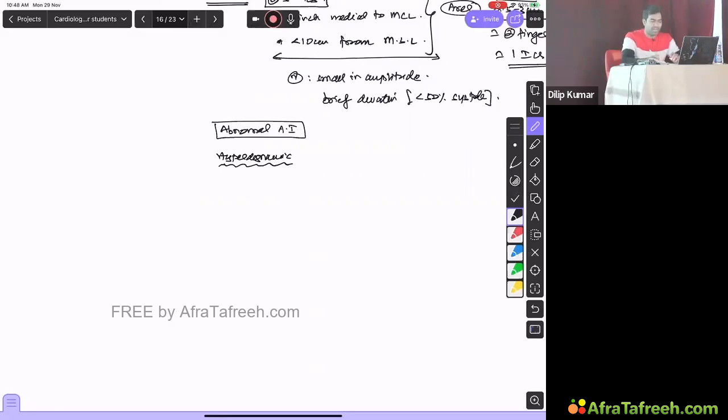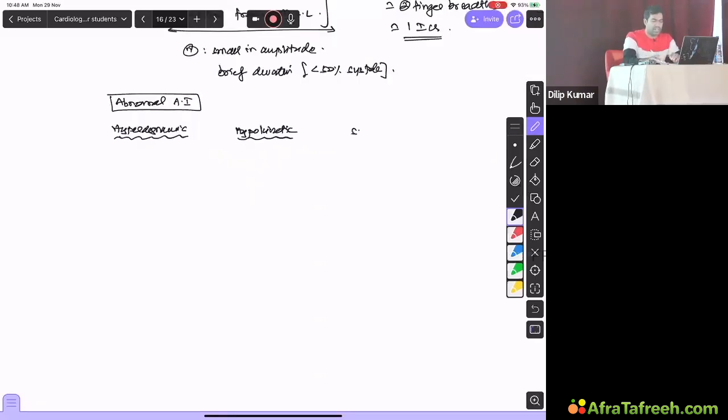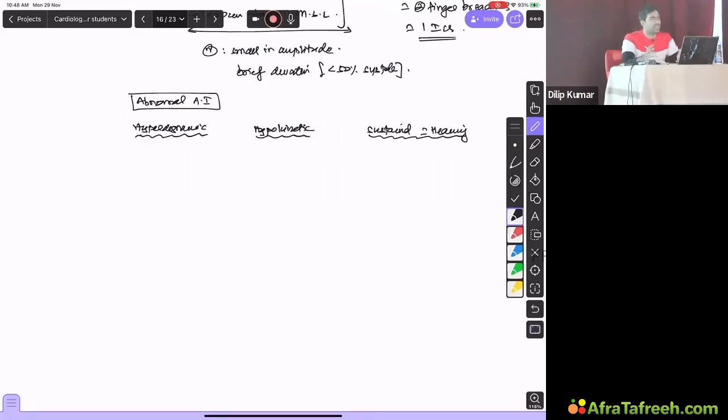Then you have a hypokinetic apical impulse. Then you have a sustained apical impulse, which is usually synonymous with a heaving type of apical impulse. Even though some people say sustained is different from heaving, generally in exams you can use it synonymously with heaving type of apical impulse.